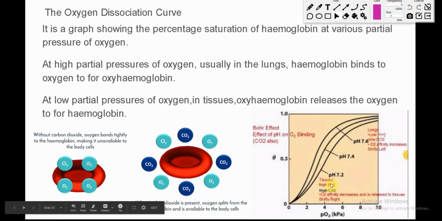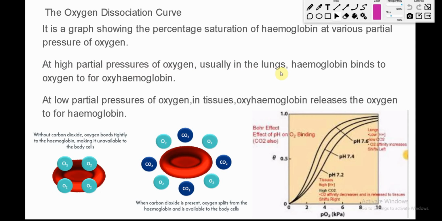So this is in accordance with the Bohr effect. That means at high partial pressures of oxygen, usually in the lungs, the hemoglobin binds to oxygen to form oxyhemoglobin.